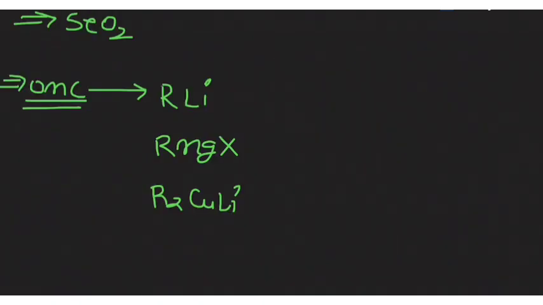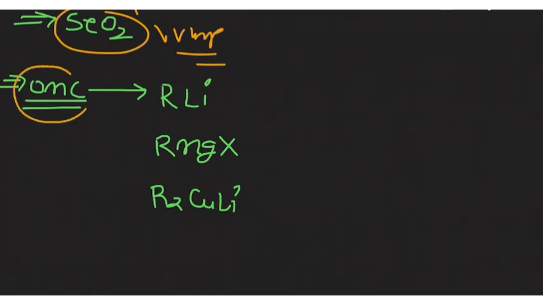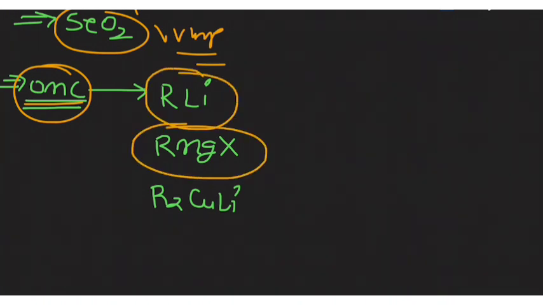Now one of the very important reagents, SeO2, in terms of diketo formation and everything. Now comes the point of organometallic based reagents like alkyl lithium, Grignard reagents, and R2CuLi.